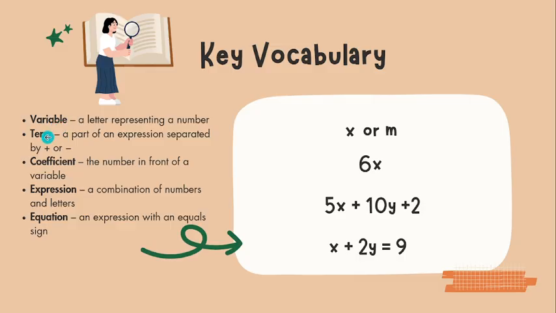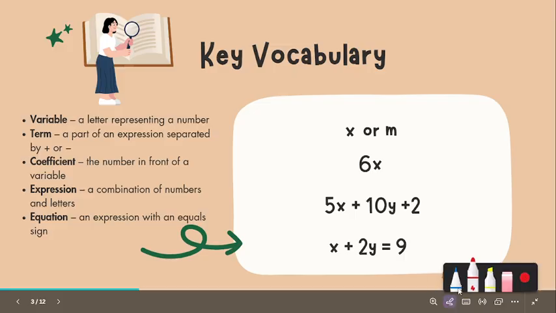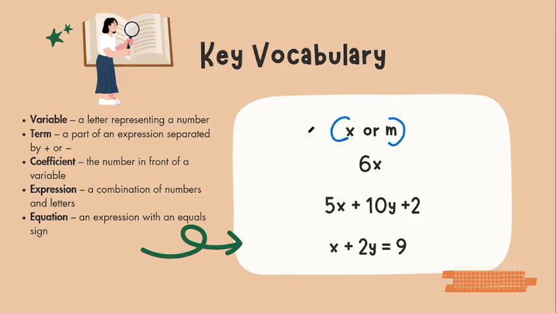After that, we can move, right? Okay, variable. That means a letter representing a number. We can call it X, M, or whatever. A letter, but it should be representing a number so that we can call it a variable.